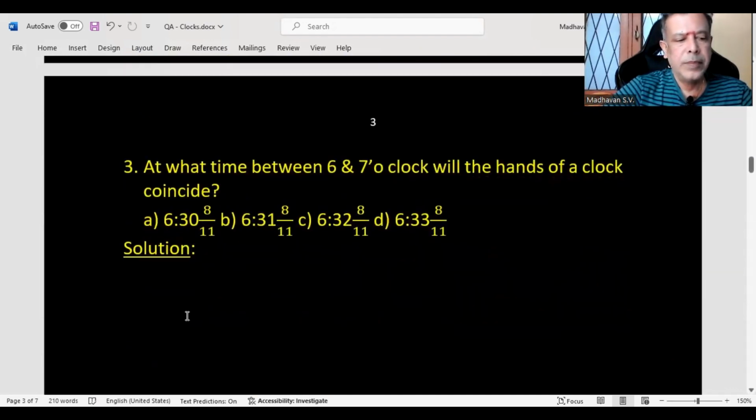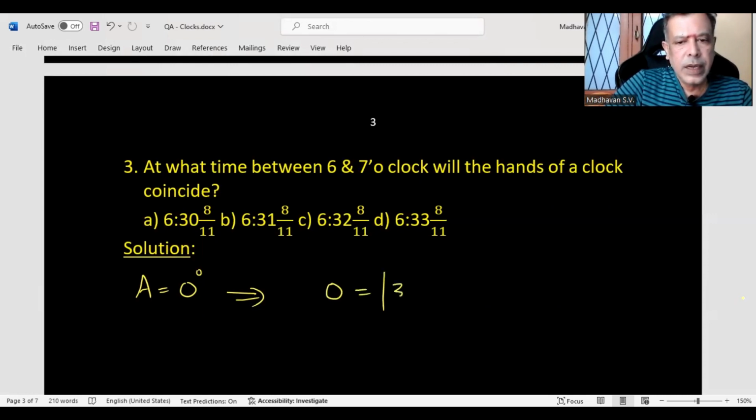At what time between 6 and 7 o'clock will the hands of a clock coincide? Hands of the clock coincide means the angle A will be 0 degrees. So we can equate 0 to our formula, which is 30 times hour minus 5.5 times minute.